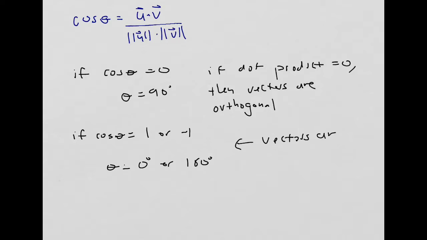Just a little note here: it doesn't mean that the dot product is equal to 1. It means this whole right side, this whole quantity, is equal to 1 or negative 1. And in any other case, it's neither parallel nor orthogonal.